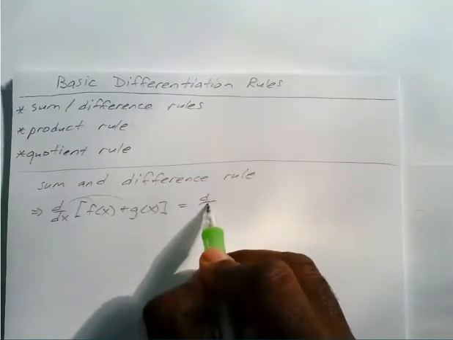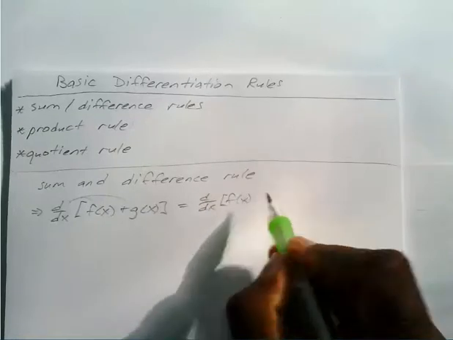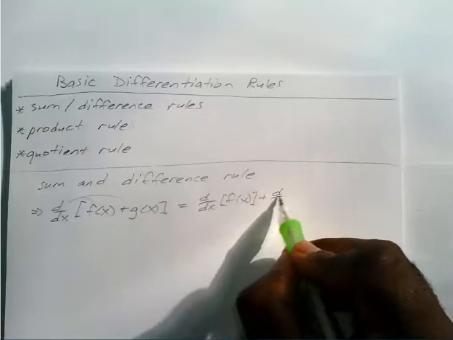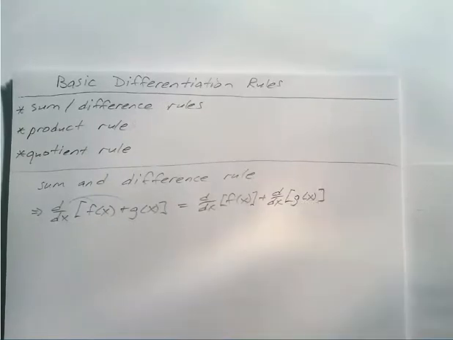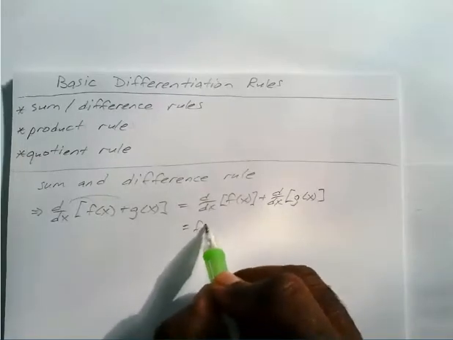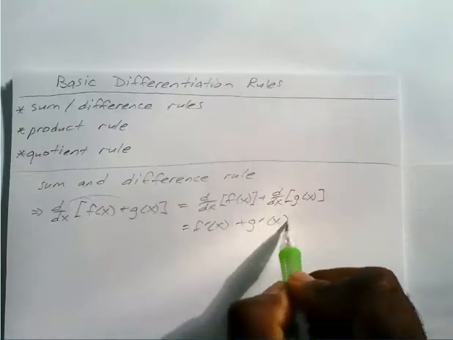So that's the derivative of your f of x plus the derivative of your g of x, which is equal to f prime of x plus g prime of x.